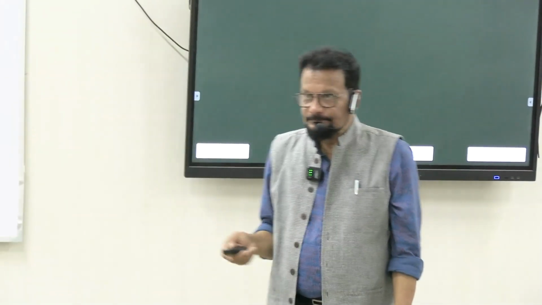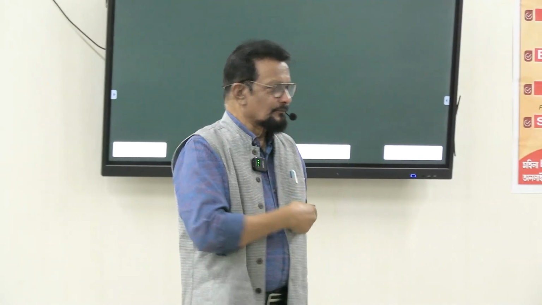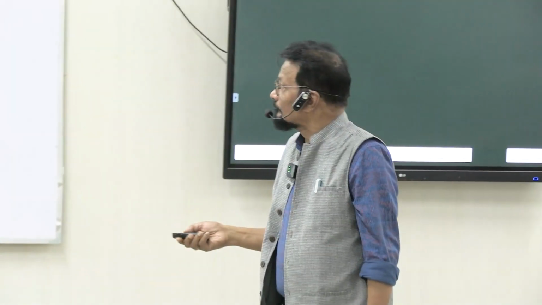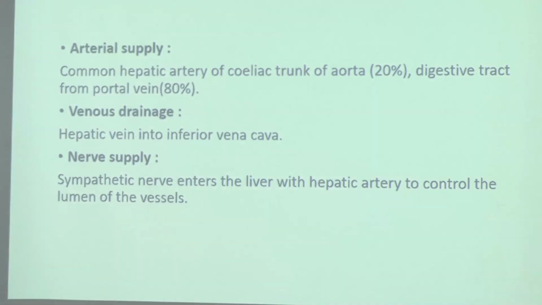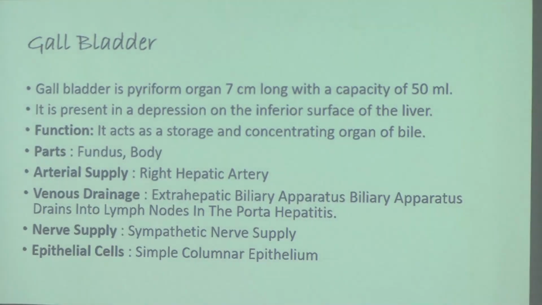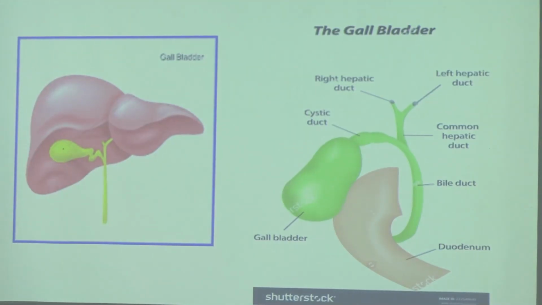Nowadays these are done; no laparotomy is done. The function of the gallbladder I said.